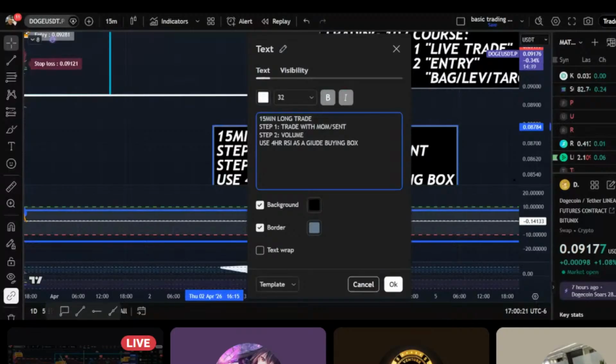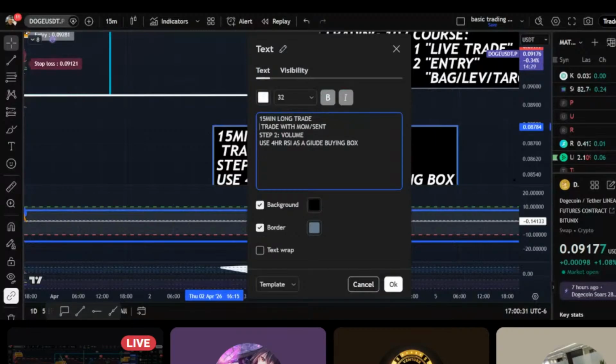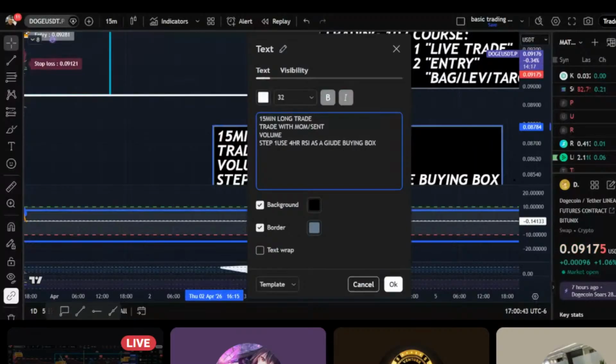So I guess it would go like this. 15-minute trade. You'd want to trade with momentum and sentiment. Basically, you'd want to trade with volume. So step one would be this then. Use the 4-hour RSI as a guide for the buying box.